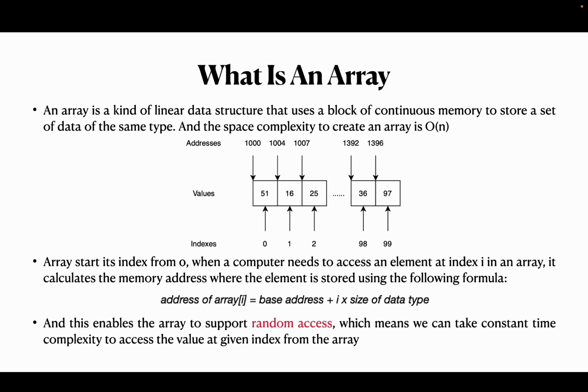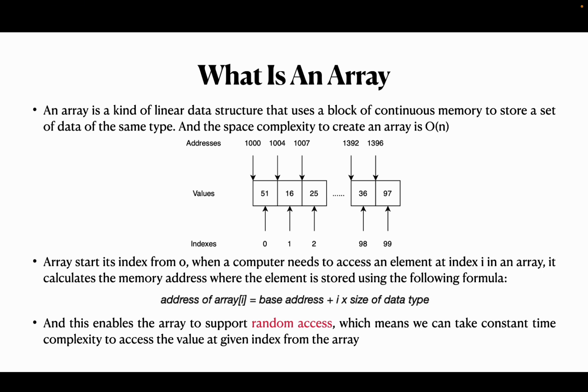The addresses represent the physical address of each block stored within the computer memory. And the indexes help us to keep track of the position of each block. And the values represent the values stored within each block. Our array starts with the index from 0 to n-1.